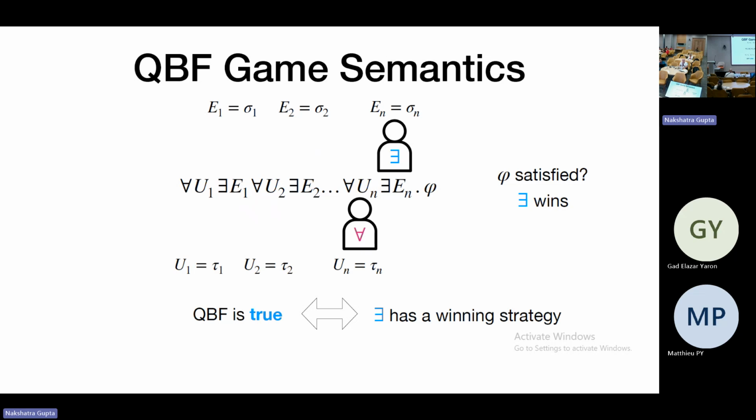So for any possible move, or sequence of moves, that the universal player can make, the existential player knows how to assign their variables so that in the end, the assignment that comes out will satisfy the matrix. Or in the other case, because this game is determined, so that either universal or existential always wins, the universal player has a winning strategy. So regardless of how the existential player assigns their variables, the universal player will be able to falsify the matrix.